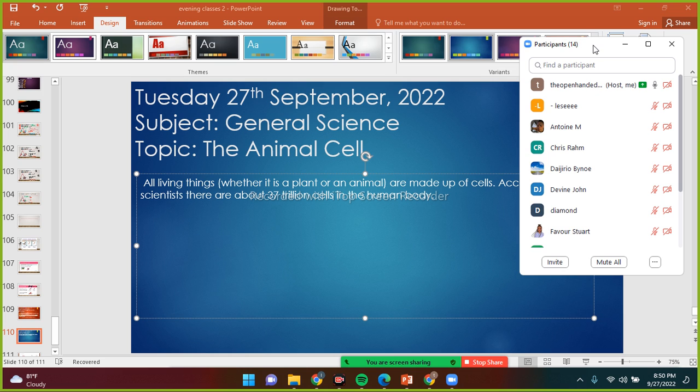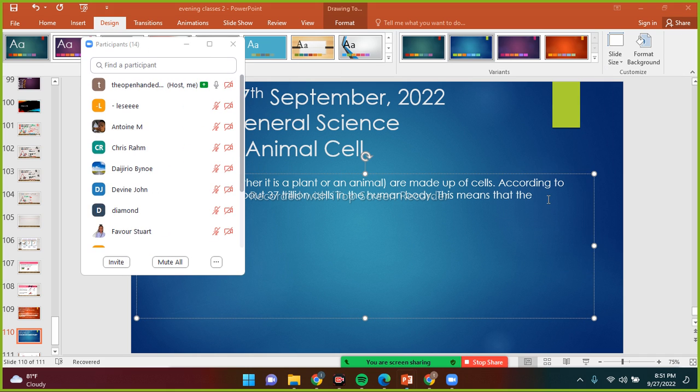What do you think? Very small, right? This means that the cells are very, very small.